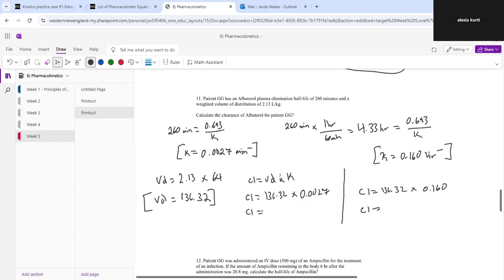What did you get for the hours? Yeah, because we're doing both minutes and per hour. 21.8 is good. And for minutes, let's work it out.